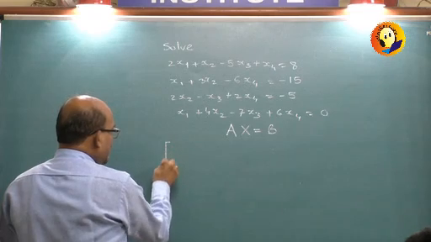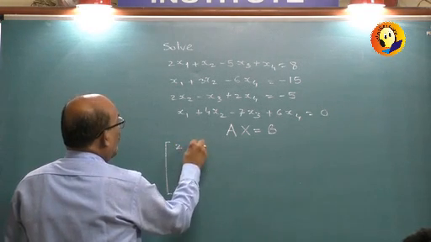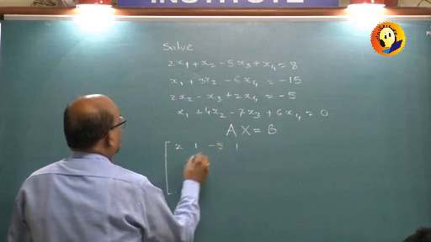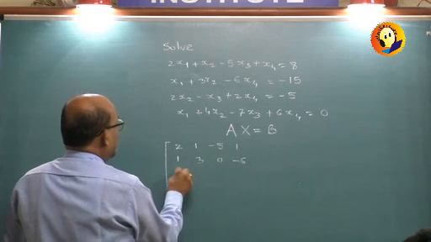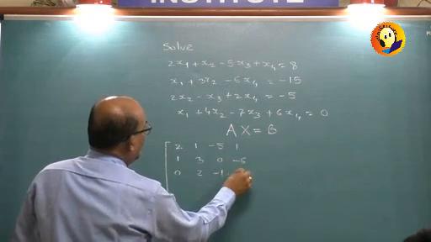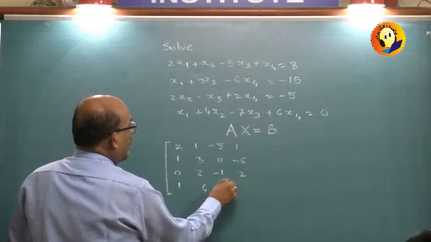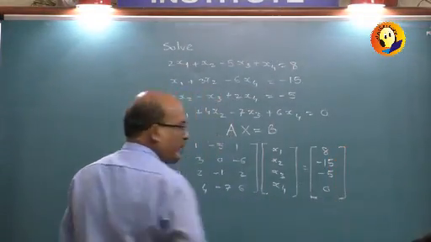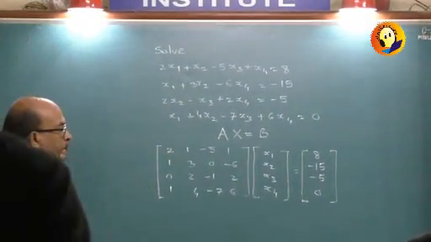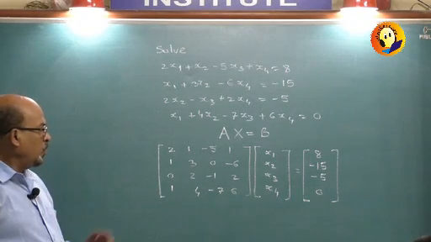So it will be written as obviously 2, 1, minus 5, 1, then 1, 3, 0, minus 6, then 0, 2, minus 1, 2, 1, 4, minus 7, 6, times x1, x2, x3, x4, and the right hand side 8, minus 15, minus 5 and 0. So we write it in this way.